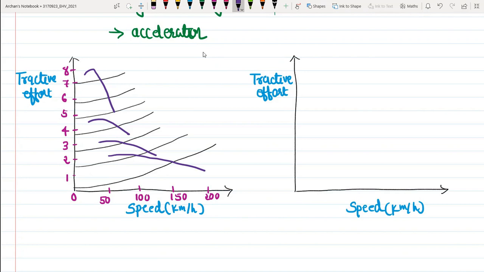The purple line shows us the tractive effort, and this black line shows us the resistance on grade.